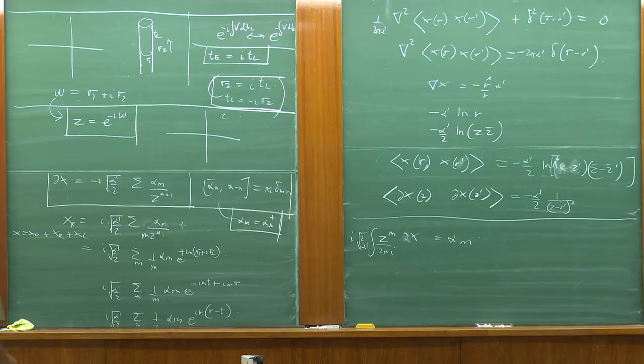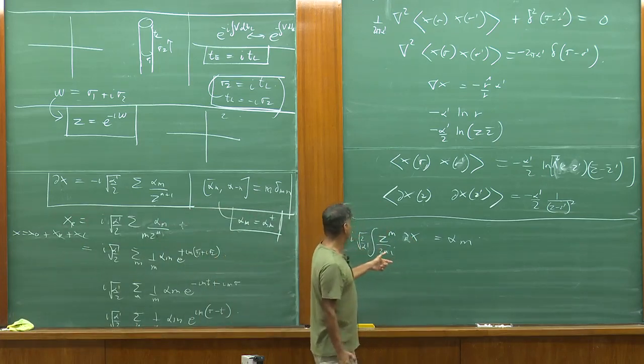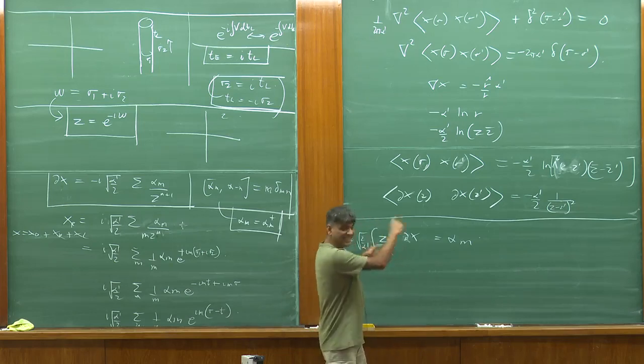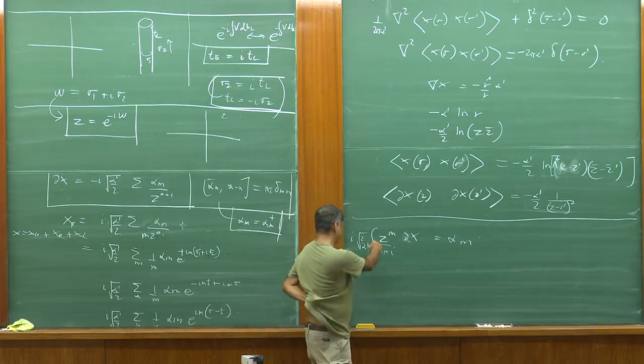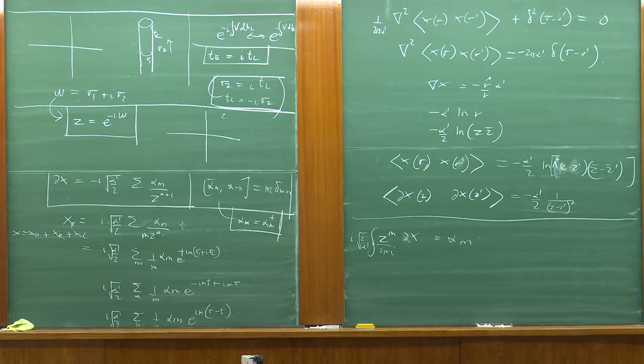Fine. So now what we want to do is to compute the commutation relations of these charges. There was this charge that was integrated over this contour, and then we want an alpha n, we want the commutation relation of alpha m and alpha n. There'll be a similar expression. But you remember that we've learned how to do this. It's the same trick we used when we computed the commutation relations of Virasoro operators.